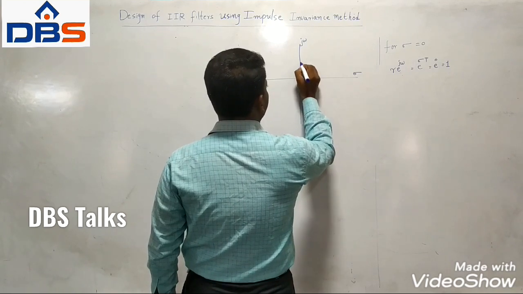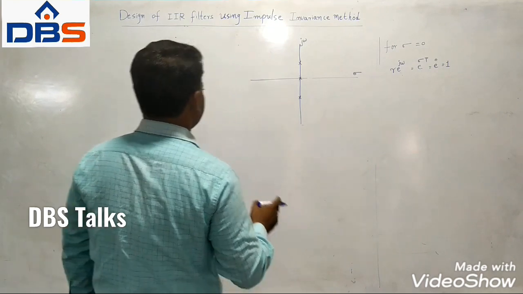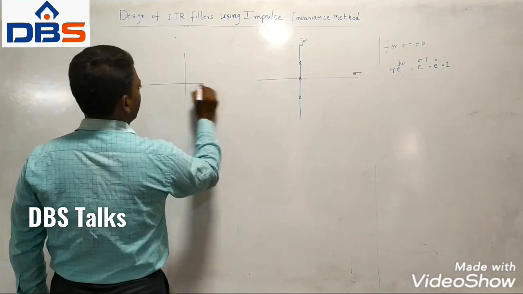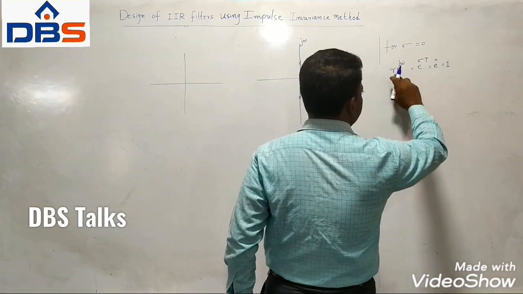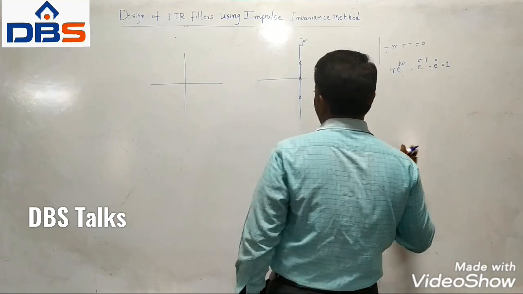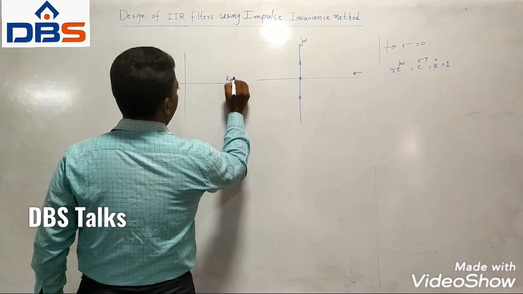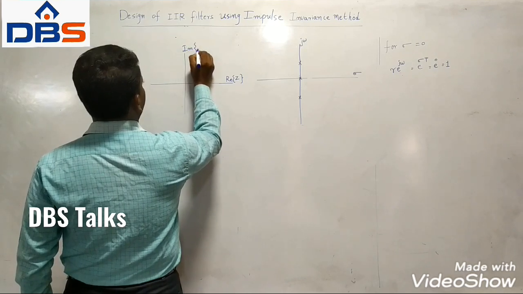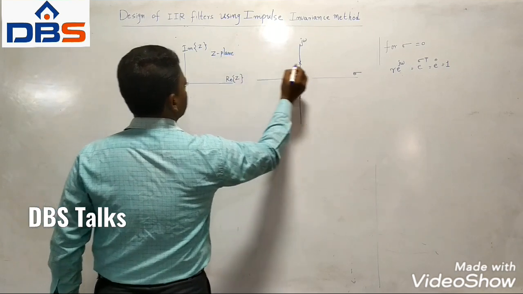Then in the z domain we will have a circle, because r into e power j omega means the magnitude is equal to 1. Here is the real part and imaginary part of z. This is the z plane and this is the s plane.